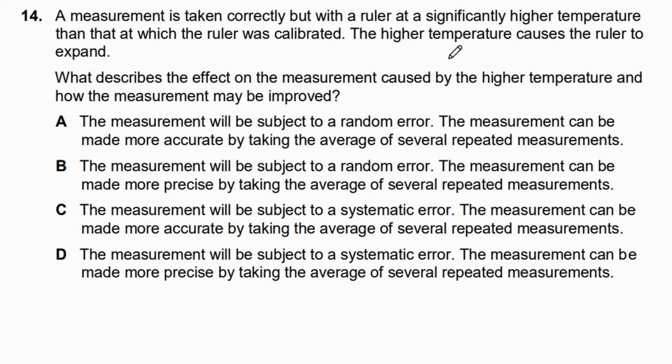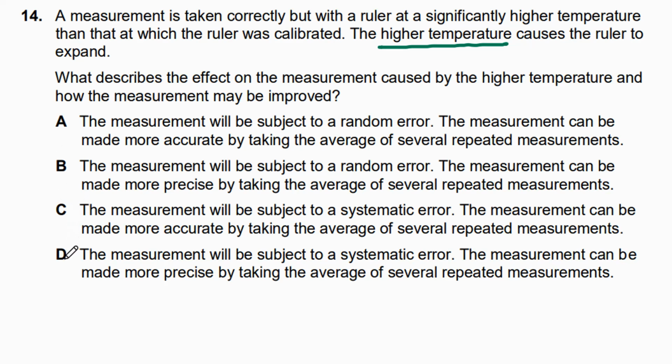Since the ruler has expanded, and we're assuming that this higher temperature remains constant, the ruler will stay at the expanded length. In other words, whenever we make a measurement, an error will occur. So we know that this is a systematic error, because a systematic error occurs every time we do a measurement.